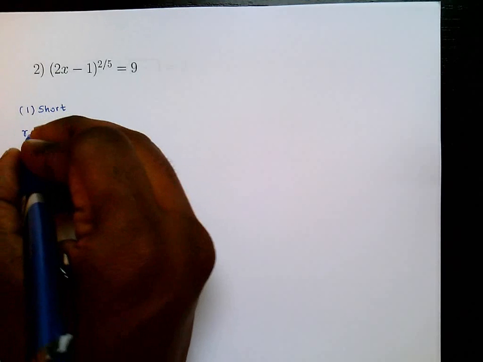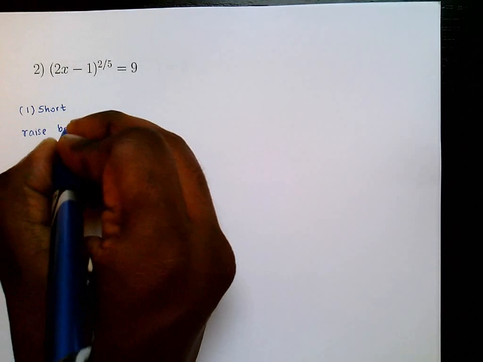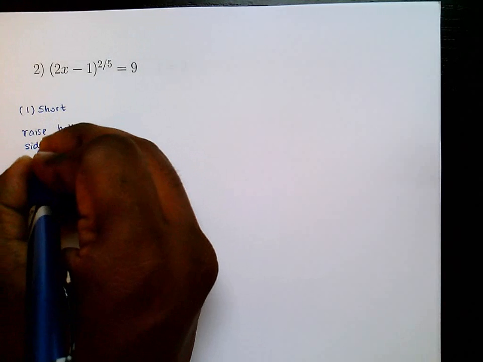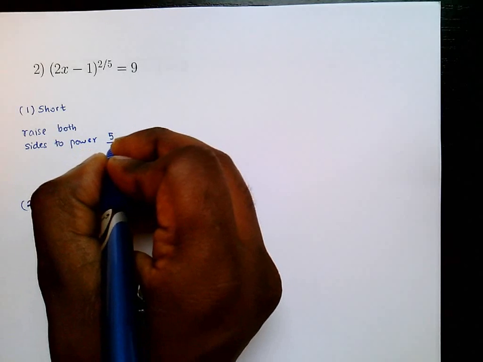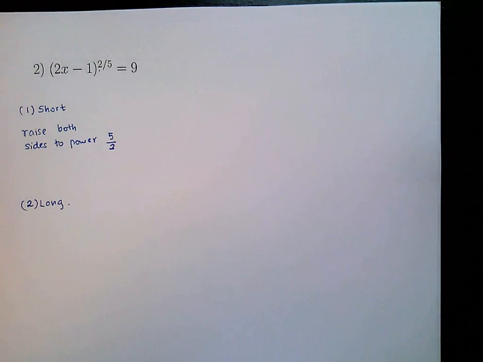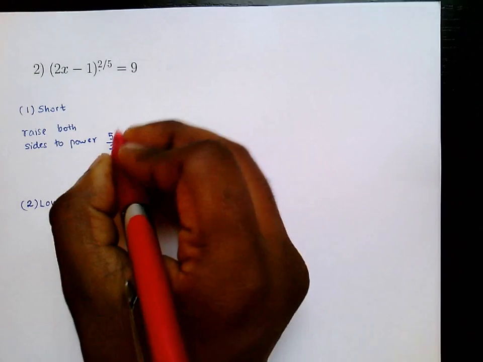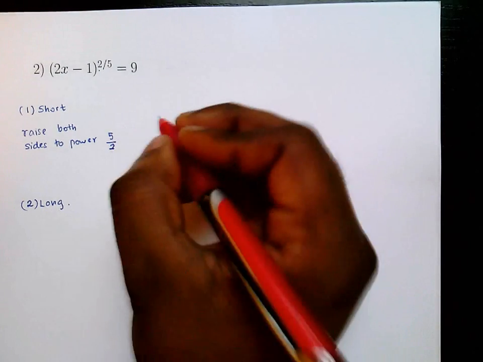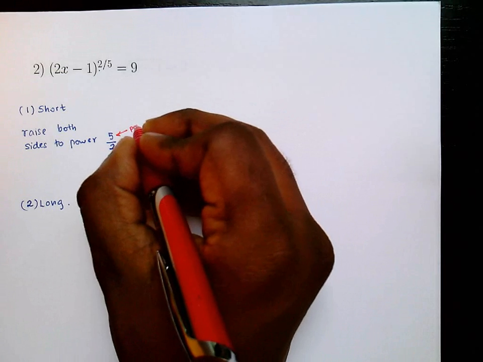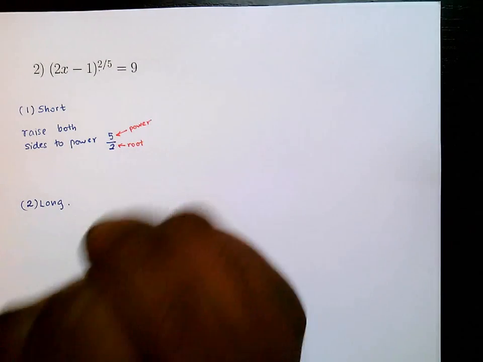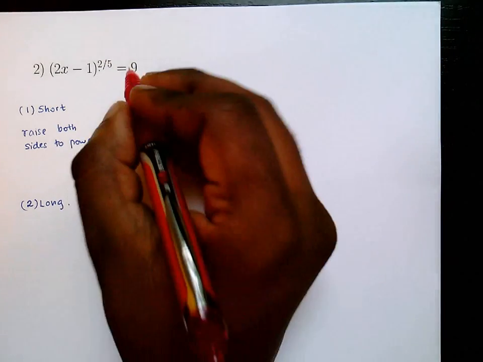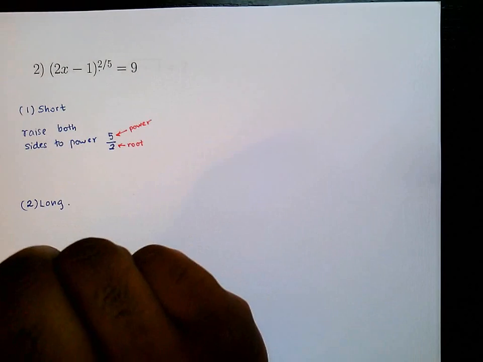So raise both sides to power 5 over 2. Now we have 2/5 power, so 5 over 2 power. And as we mentioned in class, this is the power and this is the root. And because you take the root here, and the root is an even root, you should take plus or minus on this side.